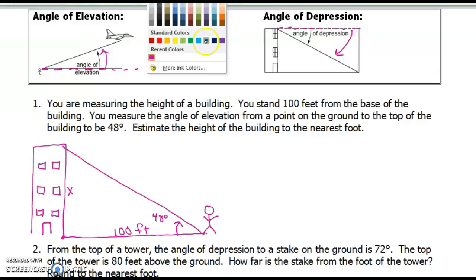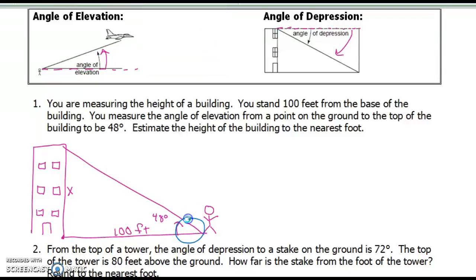Now in order to use trig, we're going to circle the angle and label our triangle. So this is the opposite side. This is the adjacent side. Because we want the opposite and we know the adjacent, we're going to be using the tangent ratio. So tangent of the angle, which is tangent of 48, is going to be equal to opposite, which is x, over adjacent, which is 100. Then we're going to put this over 1 and cross multiply.